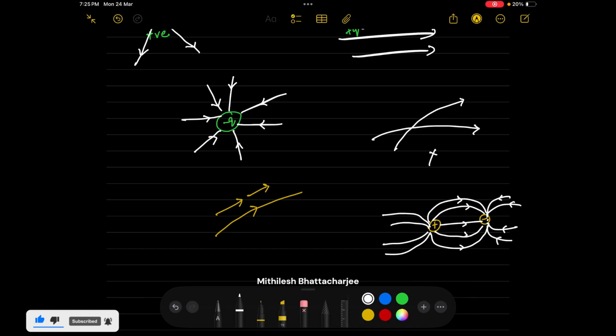Right. In the inward direction towards the negative and the outward direction towards the positive.